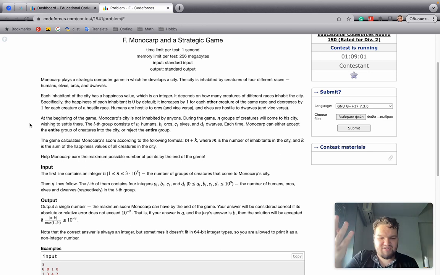Then we sum them up as vectors, and our final score is the square length of the sum of the vectors. That's x coordinate squared plus y coordinate squared. Right. So we want to choose vectors with the largest total sum.